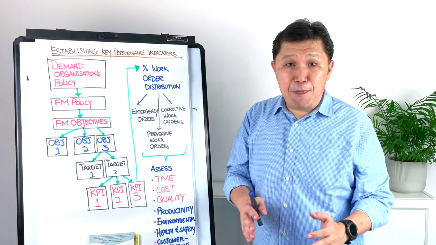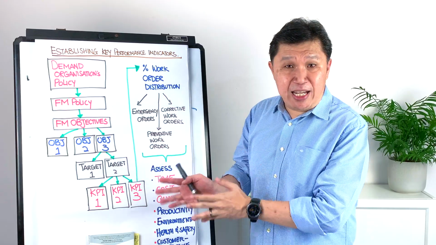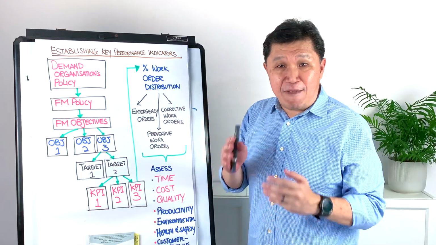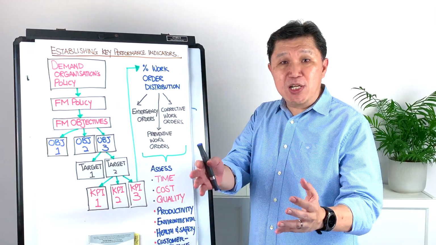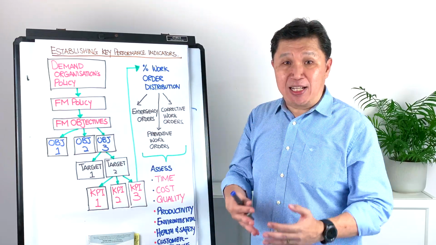There must be a purpose for generating key performance indicators and what to measure. And very important, with what you measure, how do you go about analyzing the data that you have collected?